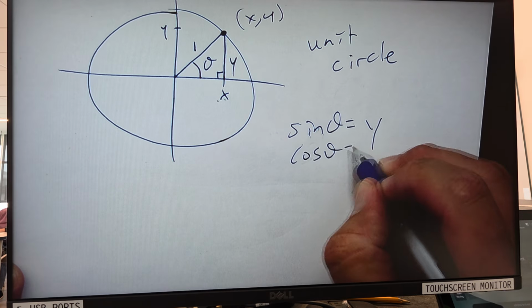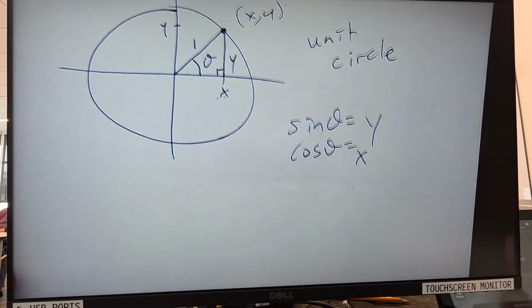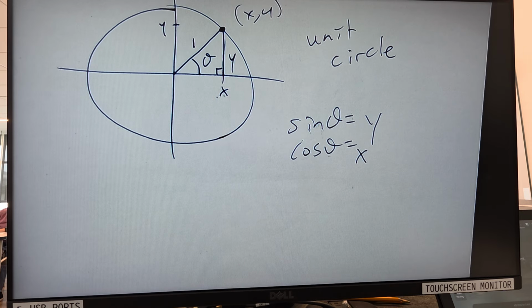What's cosine theta? X over 1. So it's x. When the hypotenuse is 1, these are directly equal to y and x, which is why I say sine likes y, cosine likes x. Fundamentally, when I reduce everything down, sine is y and cosine is x. So SOHCAHTOA can suck it. If you like SOHCAHTOA, it's fine. It still works.